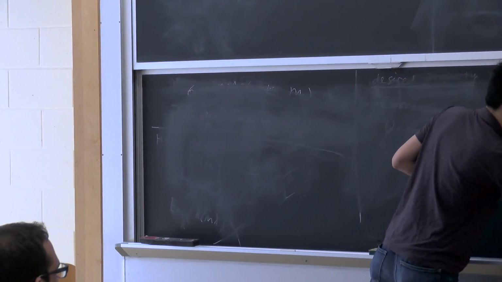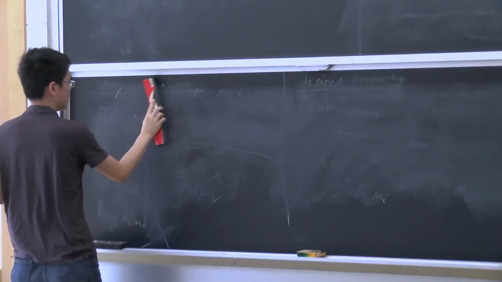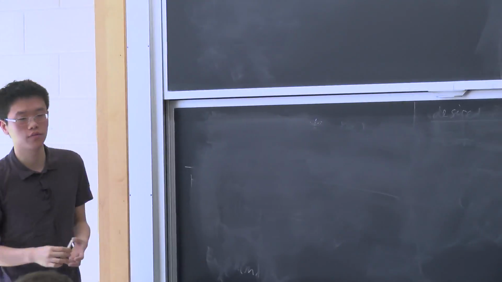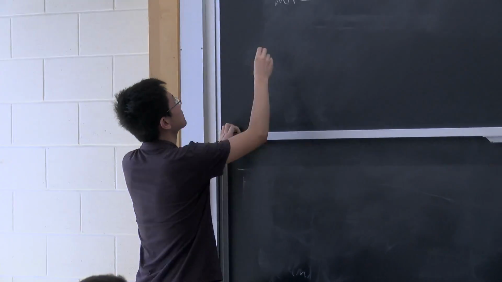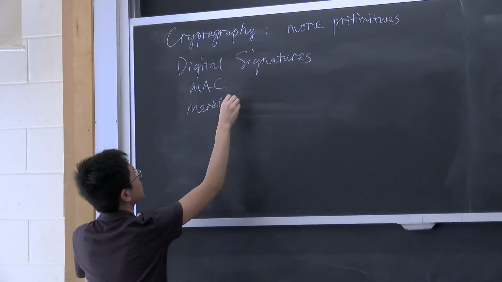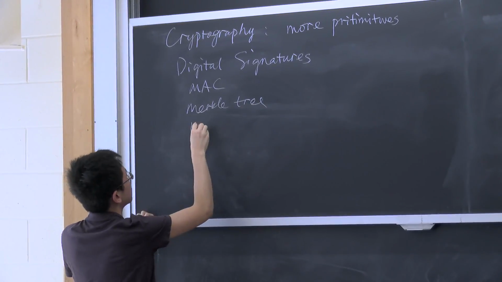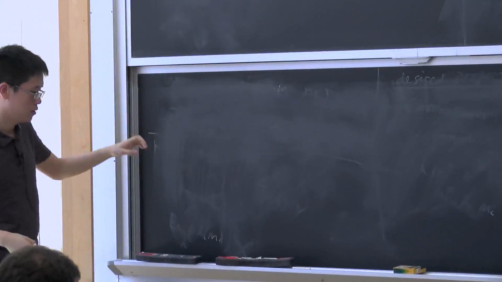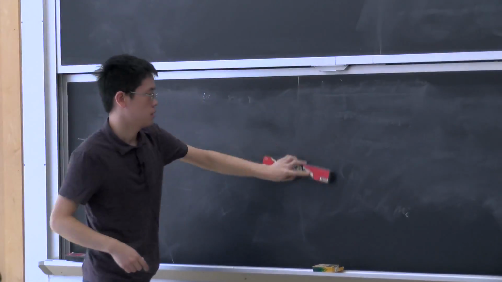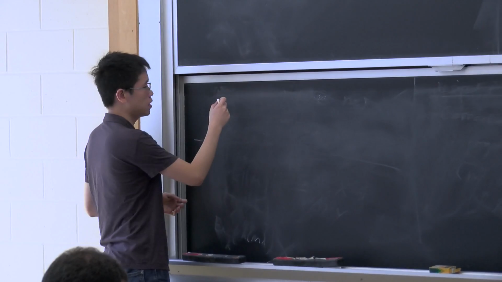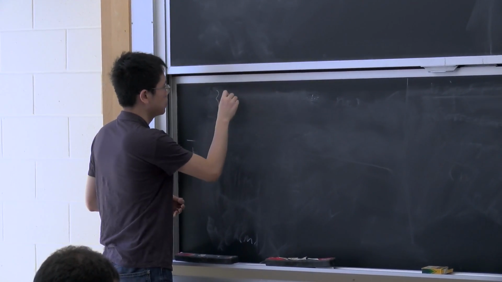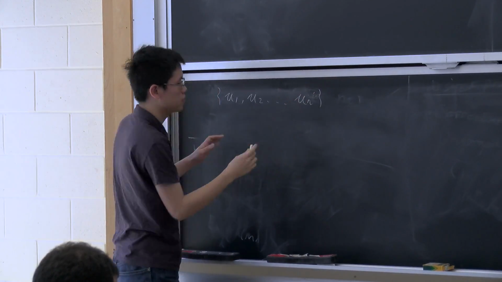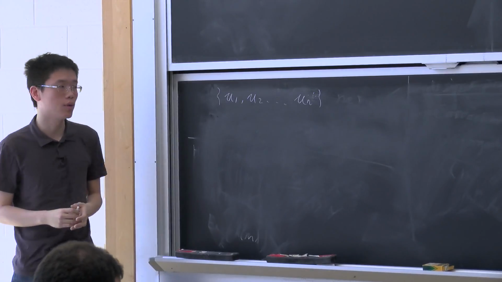So lastly, I'm going to do a quick review of the knapsack problem, because I think in the lecture we really ran out of time and didn't mention everything. If you recall the knapsack crypto system, we have a knapsack problem, I'll call u1 to un.